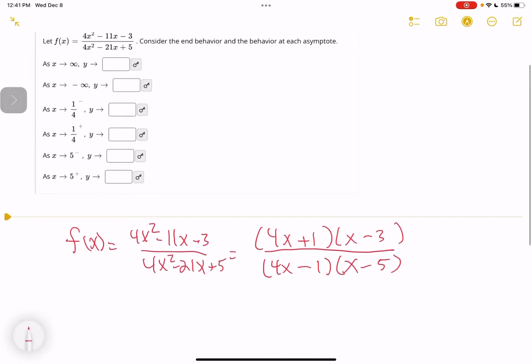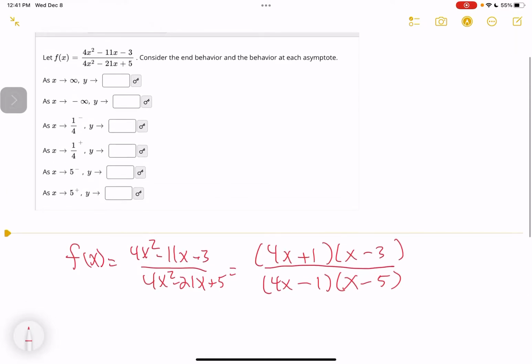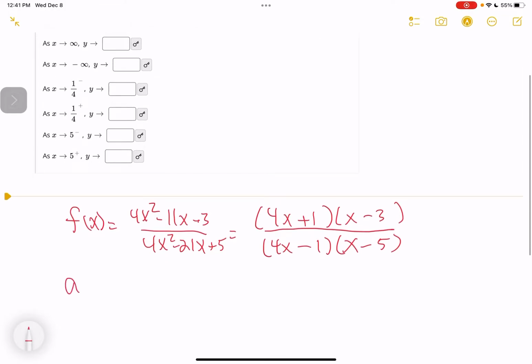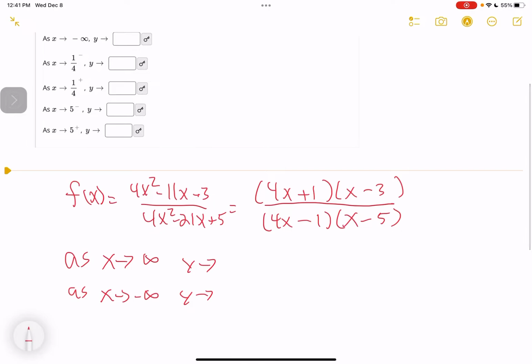So if you look at what it's talking about too, we have 6 things we want to know. As x approaches infinity, y does what? As x approaches negative infinity, y does what? And they kind of gave us some answers here. As x approaches 1/4 from the left side, what's y going to do?